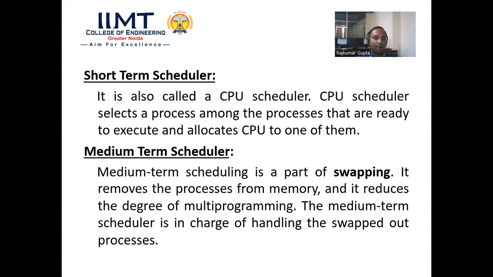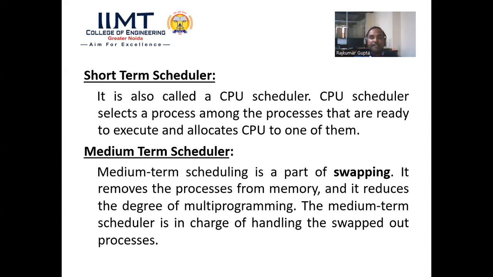Another is the work of the medium-term scheduler. The medium-term scheduler is a part of swapping. It removes processes from main memory and reduces the degree of multi-programming as well. It is basically swap in, swap out.